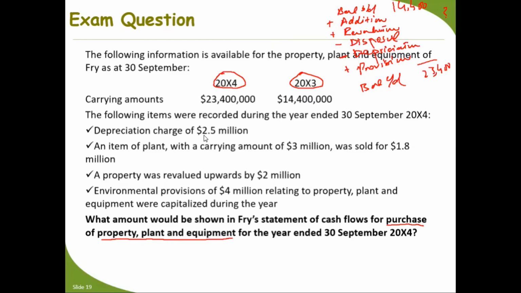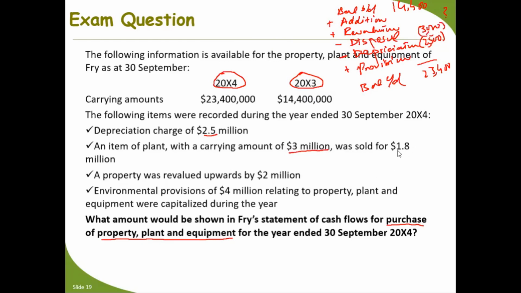Depreciation charge is given to us, 2,500. Then carrying value of assets sold, that is 3 million. Disposal is 3,000.